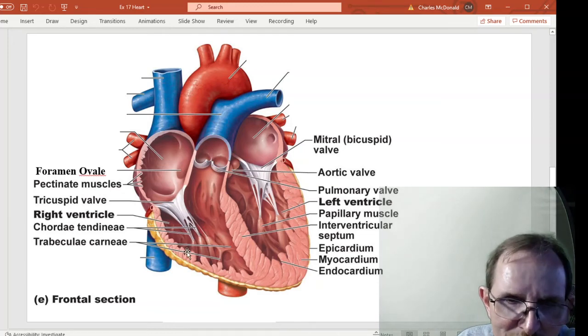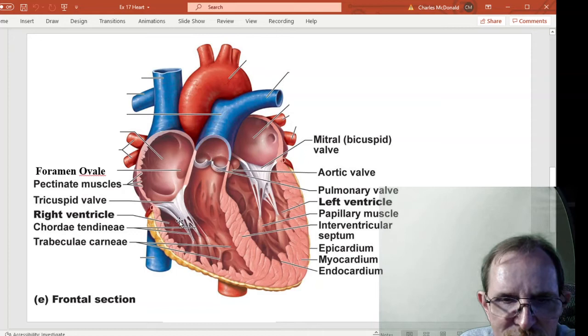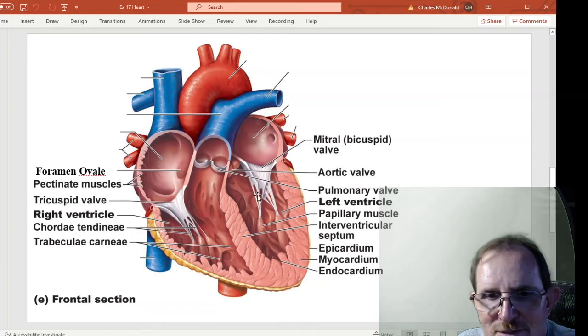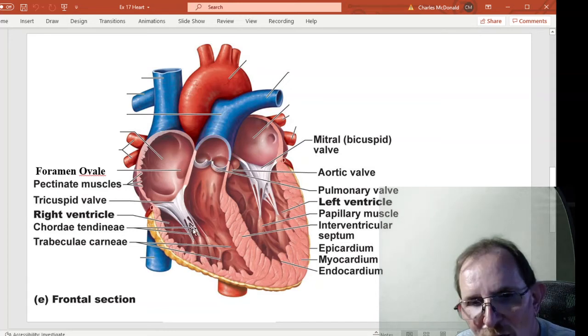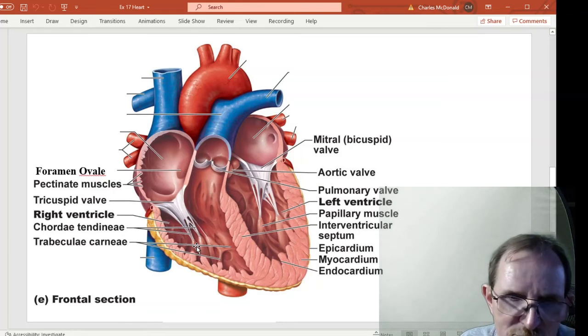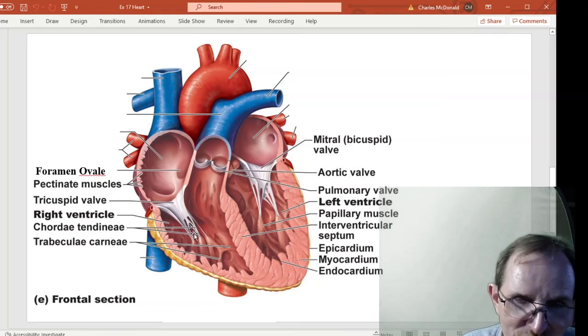Now, right here, if you look at these valves, you can see these fibrous connections from the valve down to these kind of cone-shaped objects right there. Those strings, those are heartstrings.